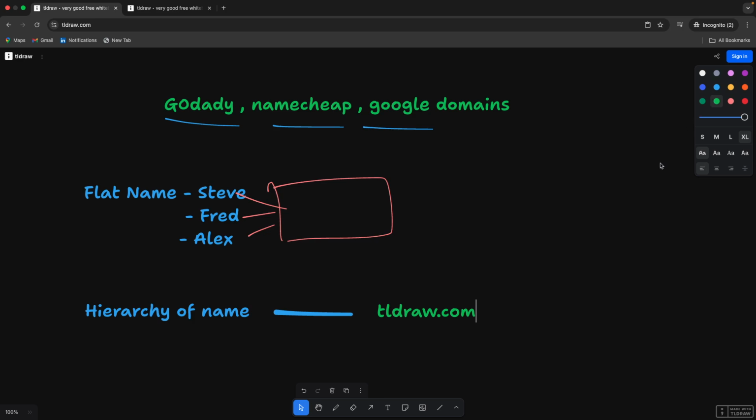Now this is not a single flat name. It has two to three parts. The first part is this tl, then you have a dot, and then you have com right at the end. So what we have done is, instead of having a central single name, we are achieving a little bit of decentralization, right?